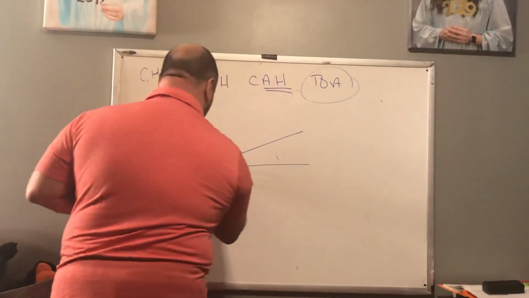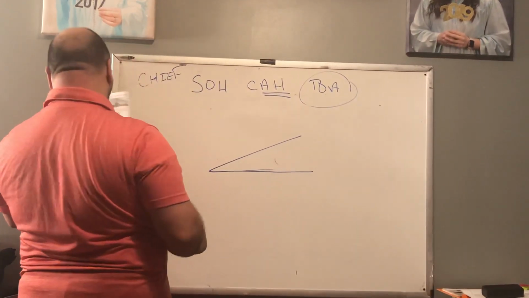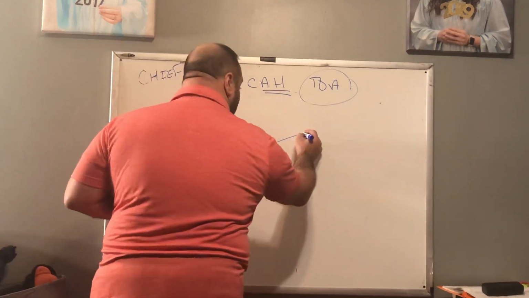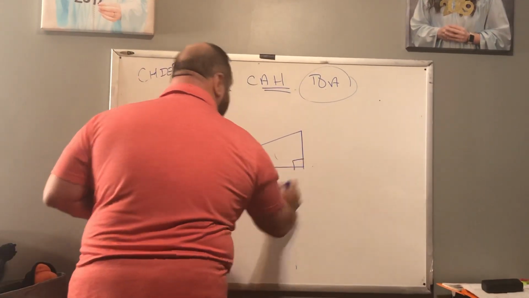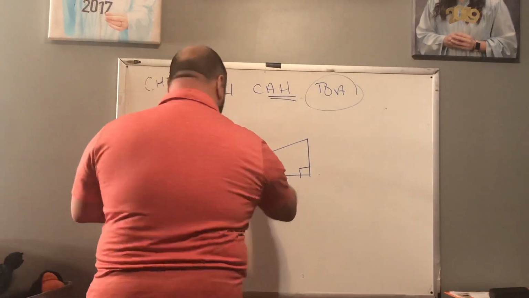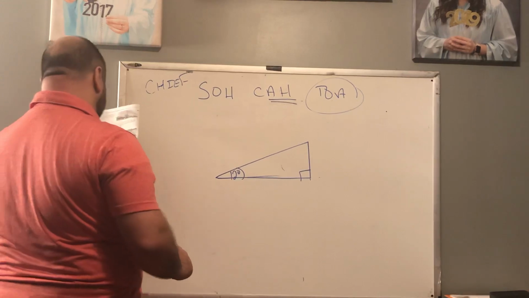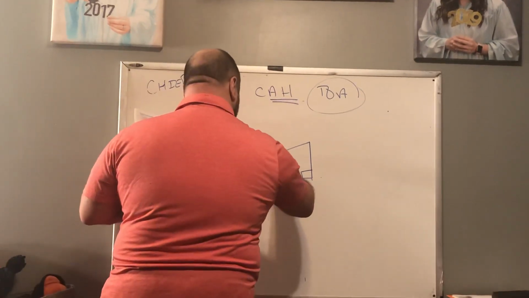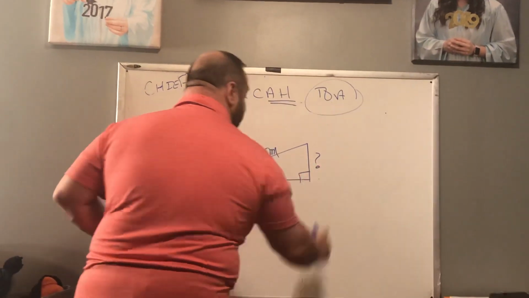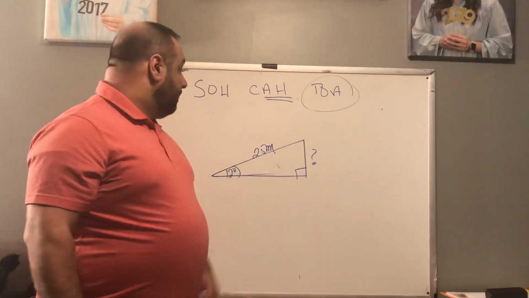Here's our road that's rising. We want to know how much the road actually rises. If this is 12 degrees, and the roadway is 25 meters, how high does the road actually rise?